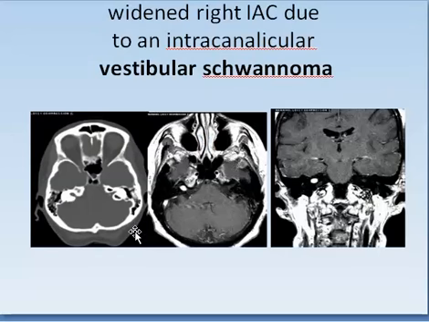Here is the confined vestibular schwannoma to the internal canal only. See, the canal here is widened inside, but the meatus is normal compared to this one.